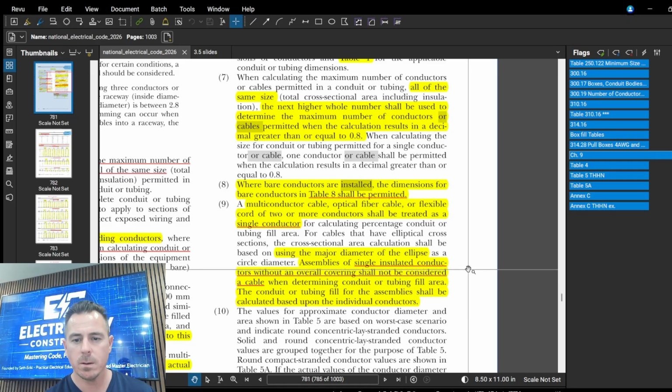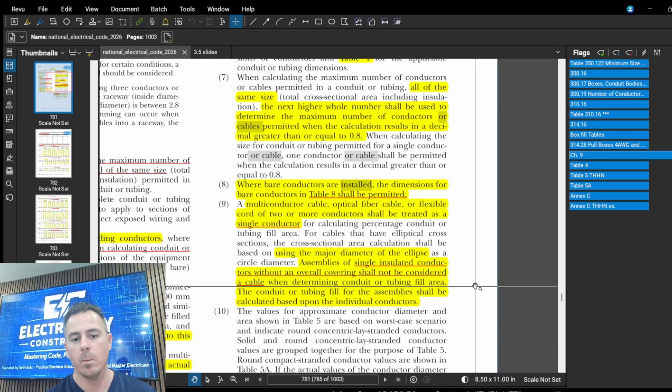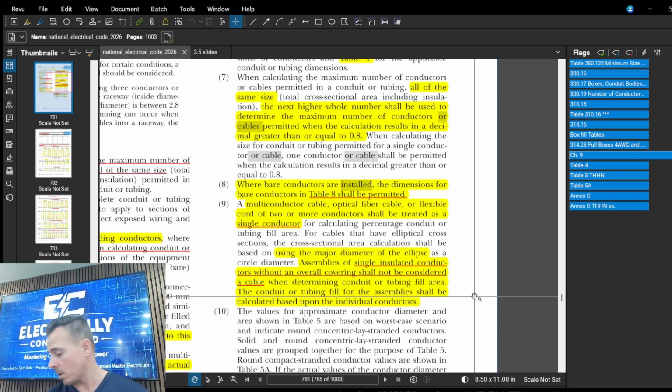All right, let's keep going. Assemblies of single insulated conductors without an overall covering shall not be considered a cable when determining conduit or tubing fill area. The conduit or tubing fill for the assemblies shall be calculated based upon the individual conductors. So that one is talking about if you go out and buy some cable on a roll where the conductors are twisted up, kind of like this doorbell wire right here.